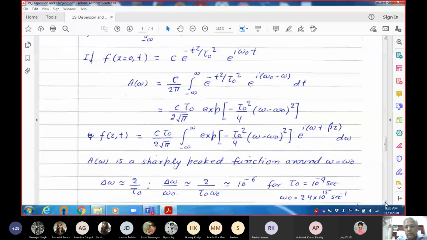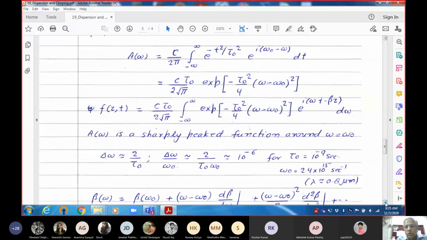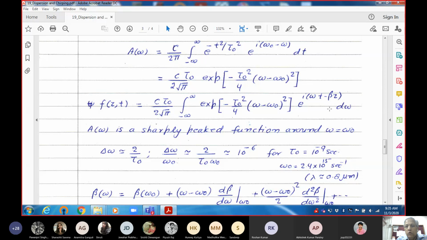Now this integral is actually difficult to solve, because I do not know the omega dependence of beta. However, if you look at A(omega), the width of this Fourier transform is 2 by tau naught, right? And if you calculate delta omega by omega naught, typical values would be of the order of 10 to the power minus 6.